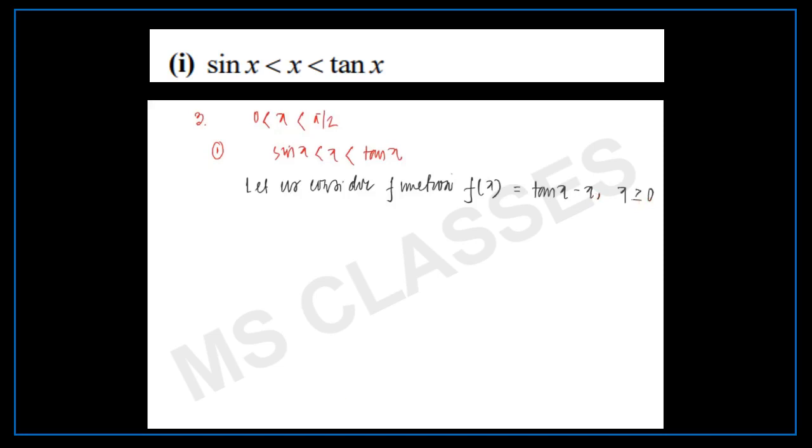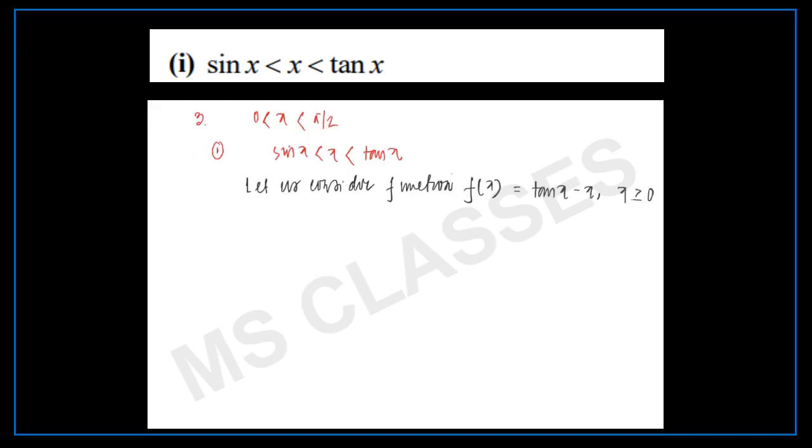Now they have told us for x greater than 0, but whenever I apply any property, I will be taking only x greater than 0. This is a differentiable function for x in the open interval 0 to pi by 2. At the endpoint we cannot say about the differentiability, so when we talk about differentiability, we say only the open interval.